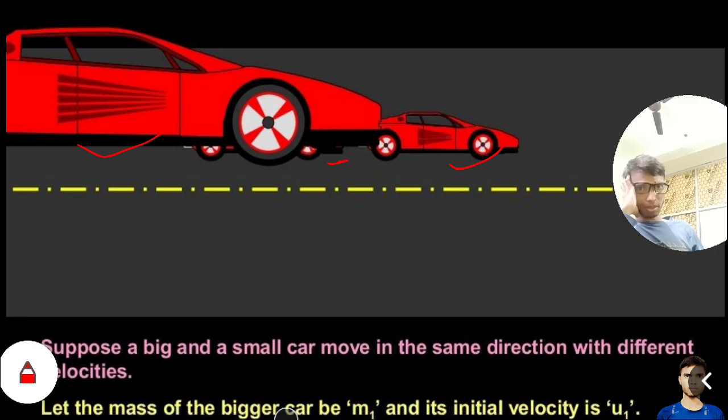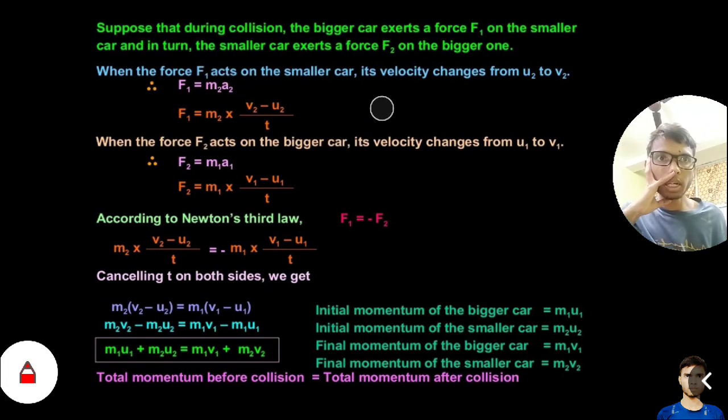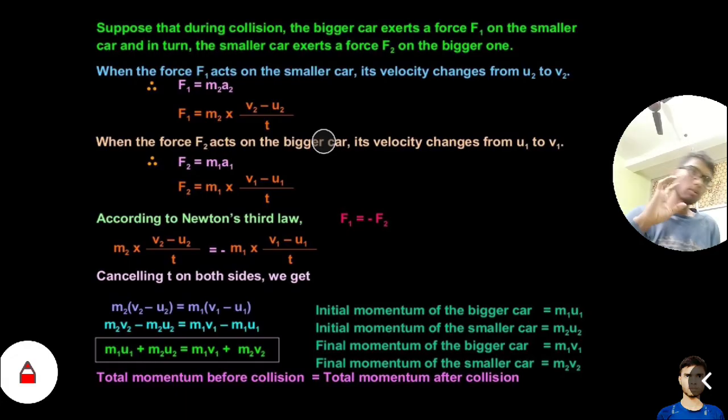Let the mass of the bigger car be m, and its initial velocity be u. Suppose that during the collision, the bigger car exerts a force F on the other one. This is a numerical calculation for you. I am ignoring it right now. It will be for you.